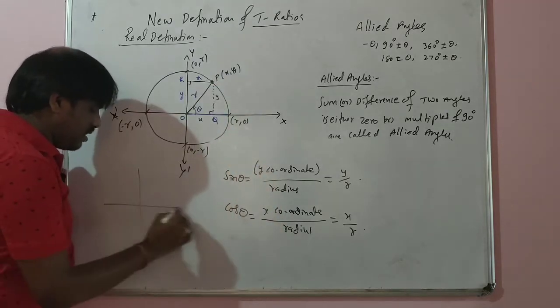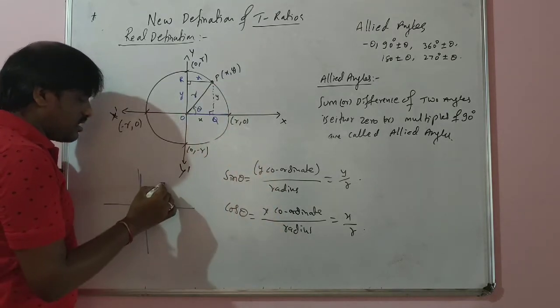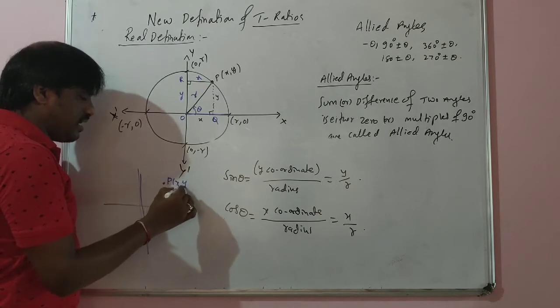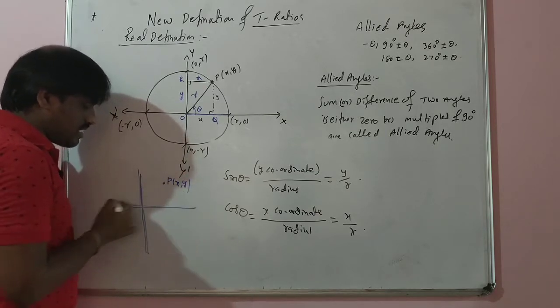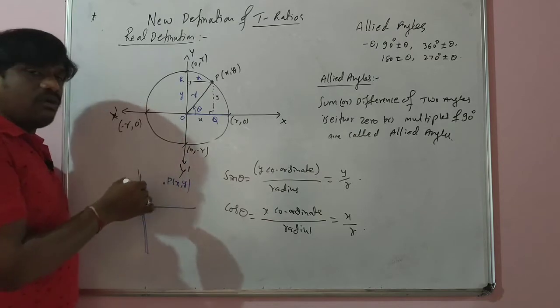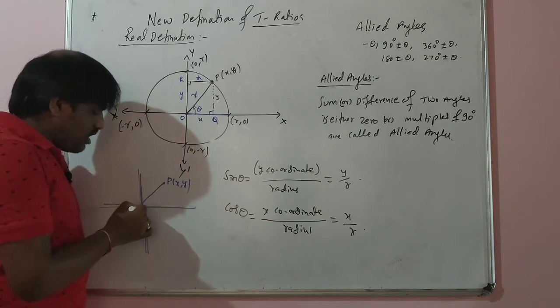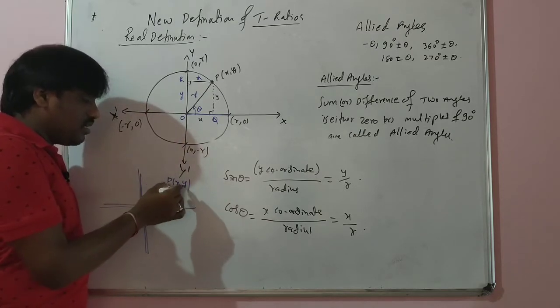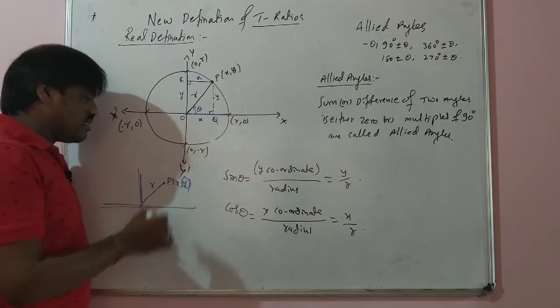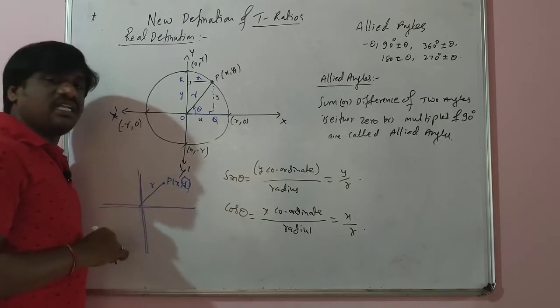If I take any point (x, y) in this quadrant and join it, the sine theta value is the y coordinate by radius.